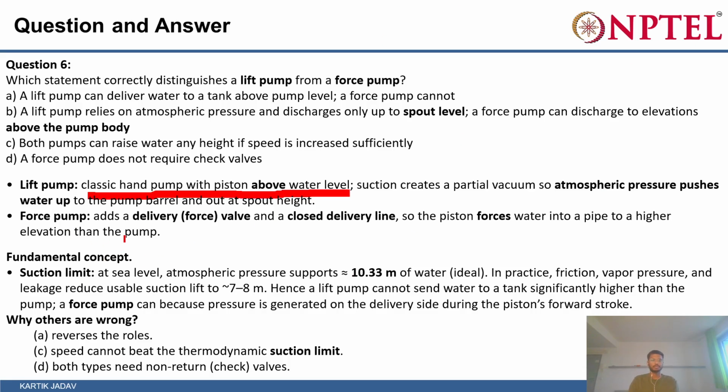A force pump adds a delivery or force valve and a closed delivery line, so the piston forces water into the pipe to a higher elevation.